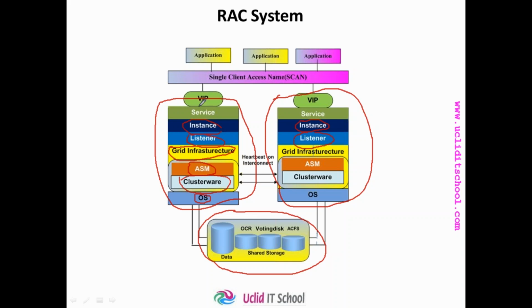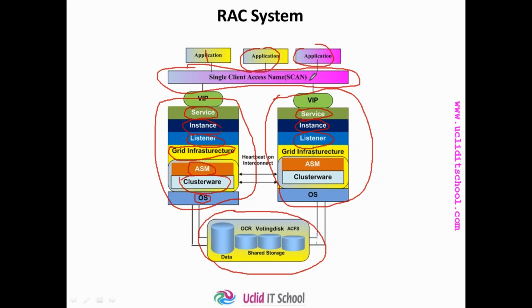Then as we discussed, services which implement workload management are created, and we are running services on node 1 and node 2. RAC uses a listener called SCAN, which allows applications to connect to the RAC system. SCAN was introduced in 11g Release 2.